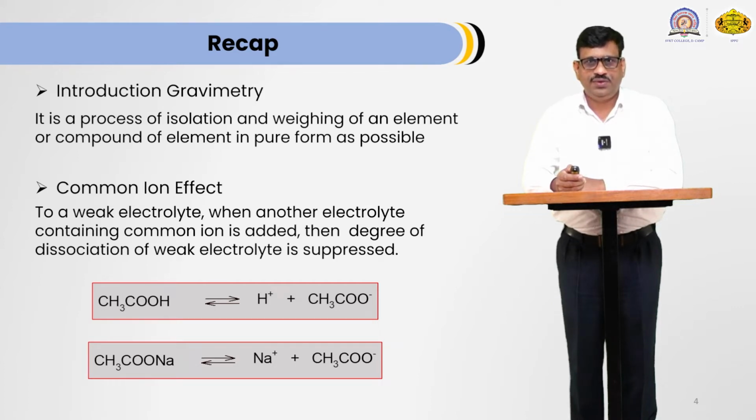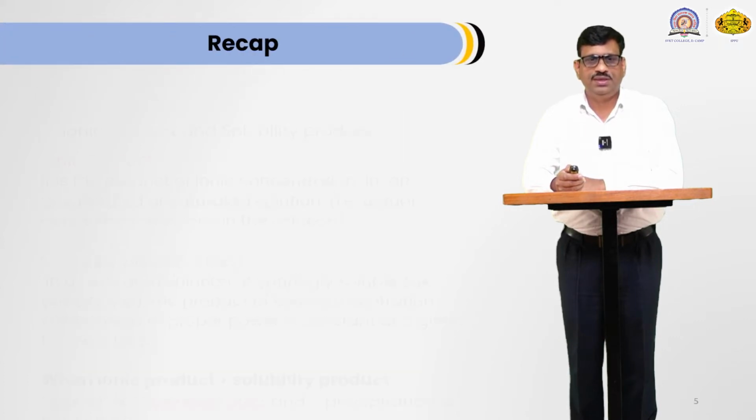If another electrolyte like sodium acetate is added to this solution, it dissociates as Na plus and CH3COO minus. Hence, the degree of dissociation of the weak electrolyte is suppressed when another electrolyte containing a common ion is added. All these things we have discussed during last lecture.